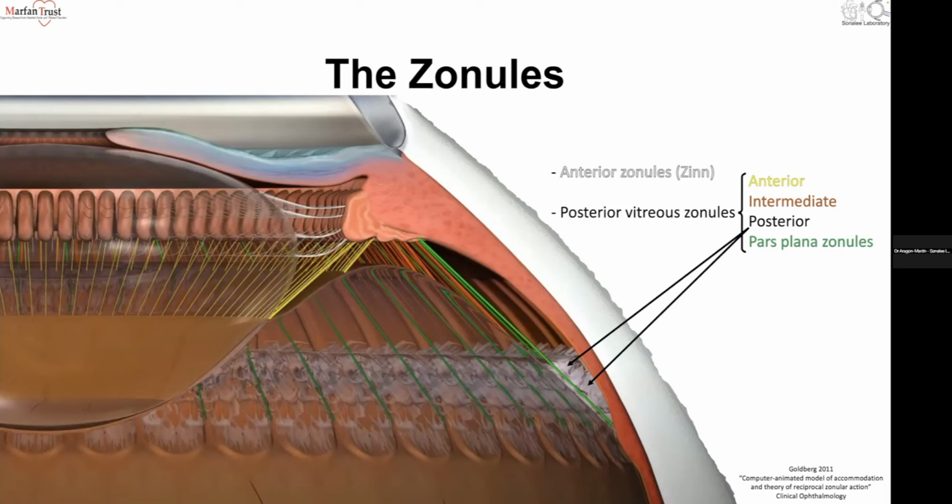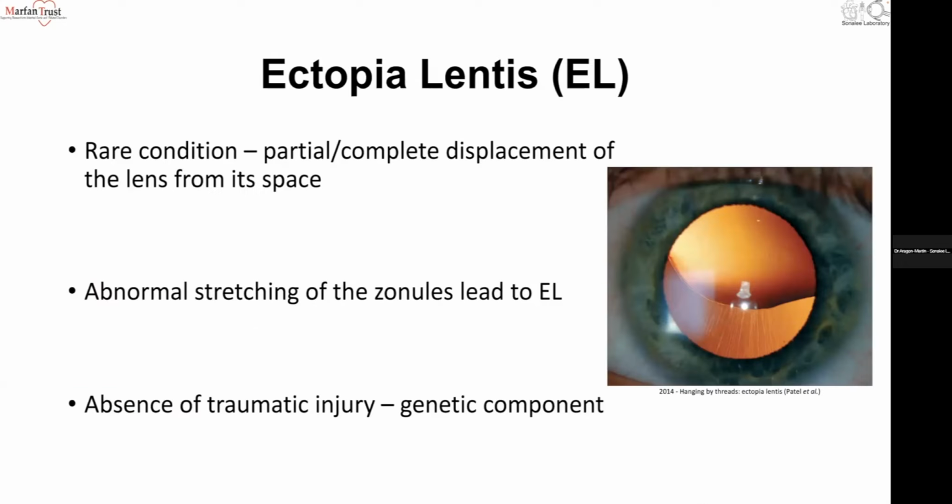The zonular fibers are cell-free structures that are composed primarily of fibrillin 1, which is made from the FBN1 gene. Although the zonular fibers are elastic structures that can be stretched to almost 4 times their original length without breaking, malformation of these fibers can lead gradually to lens dislocation, or ectopia lentis, which is the partial or complete displacement of the lens from its space.